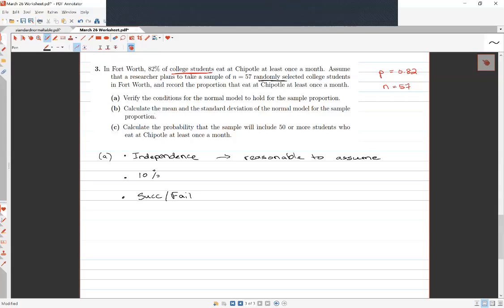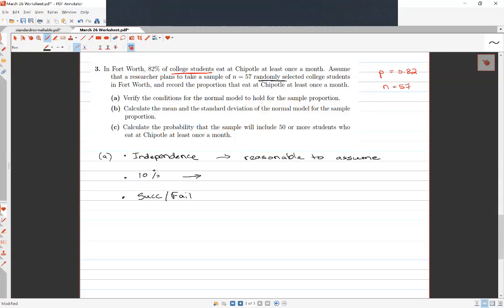The 10% rule, well, the question would be, how many college students are there in Fort Worth? I know that TCU is not the only school, but even if we just looked at TCU, we have about 10,000 students, and 10% of that would be 1,000. So if our sample was like around 1,000, we would be potentially in trouble.